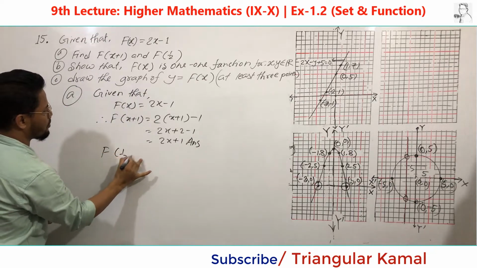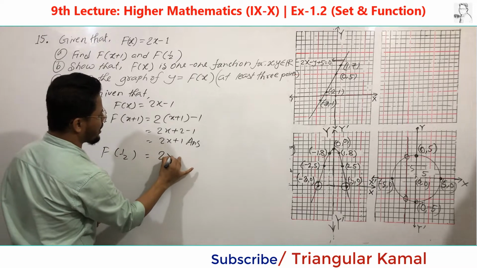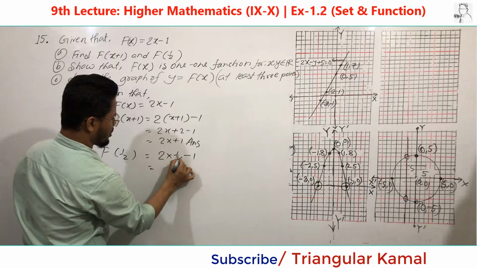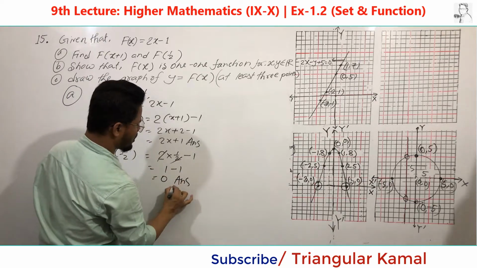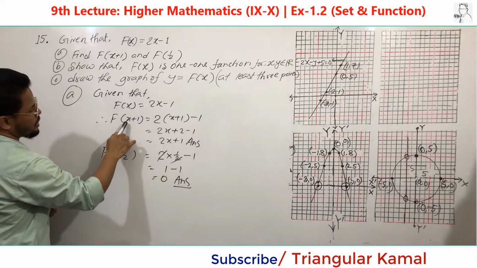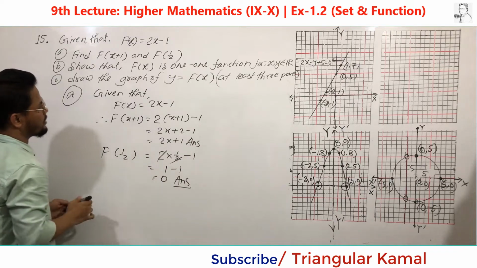Now f of half. Now x will be changed by half. So 2 multiplied by half minus 1. Eliminating this, 1 minus 1 equals 0. So in question A, the answer is: f of x plus 1 will be twice x plus 1, and f of half will be 0.